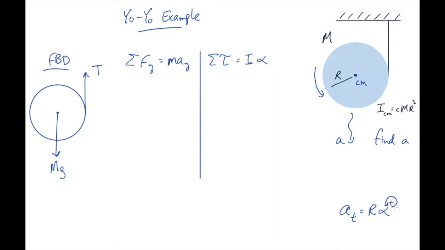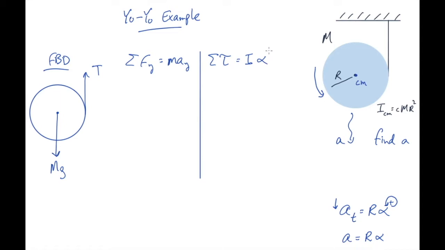So counterclockwise rotations in alpha are going to correspond to a positive acceleration. So for a, we're going to let down be positive. That way, positive alpha corresponds to positive acceleration, and I can write that a equals r alpha. That's the link between this translational acceleration and this rotational acceleration.